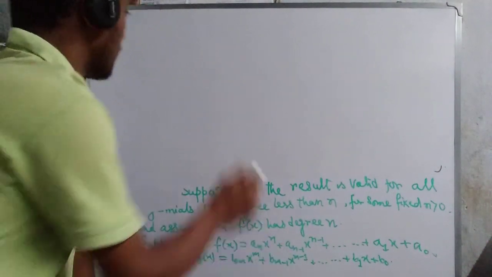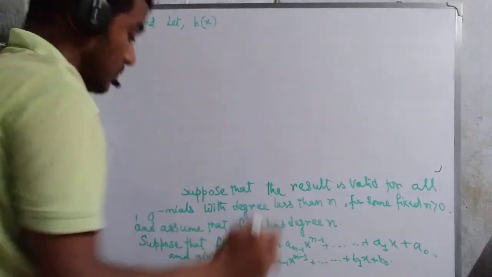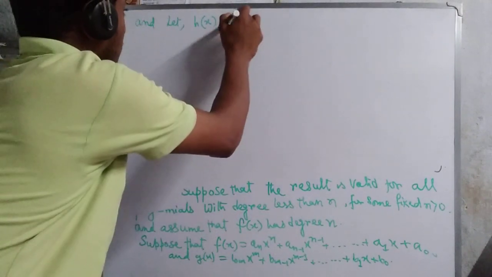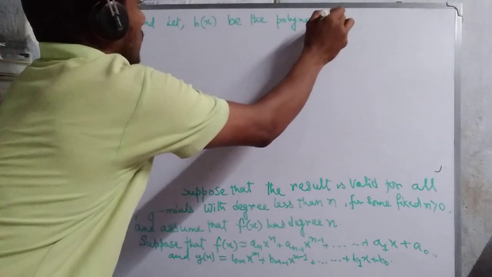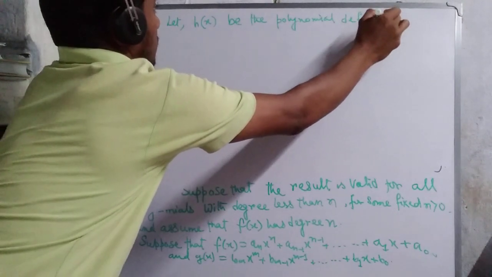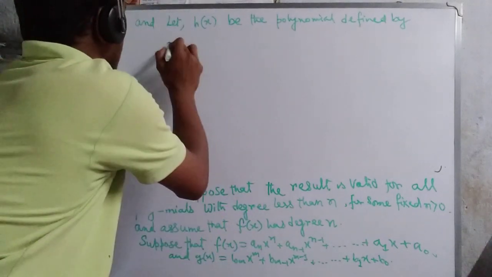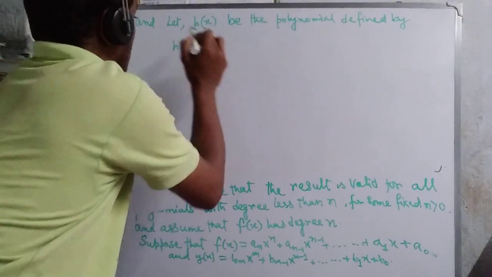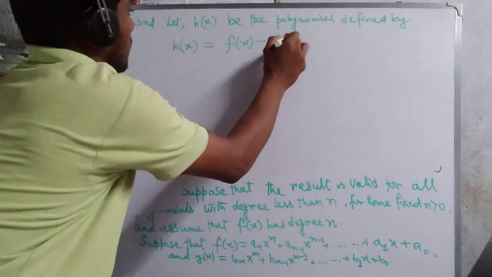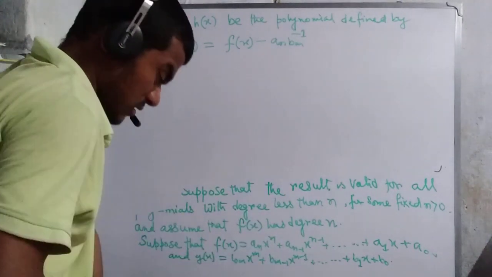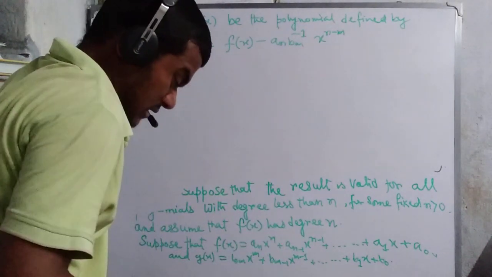Okay, and let h(x) be the polynomial defined by h(x) equal to f(x) minus a_n b_m inverse x to the power n minus m g(x).